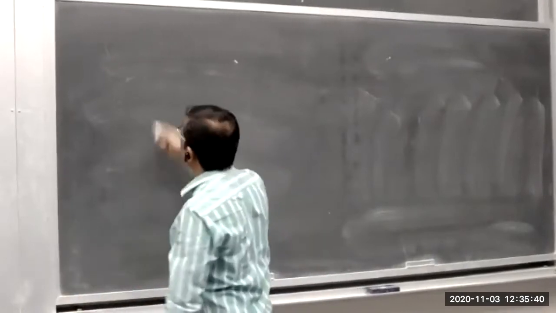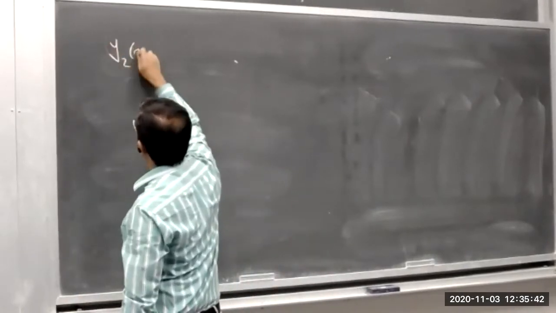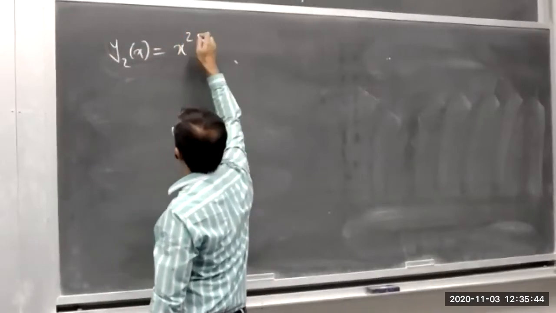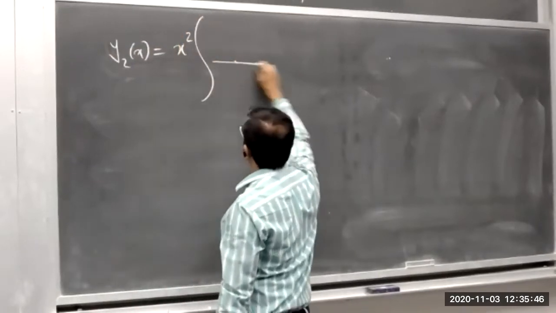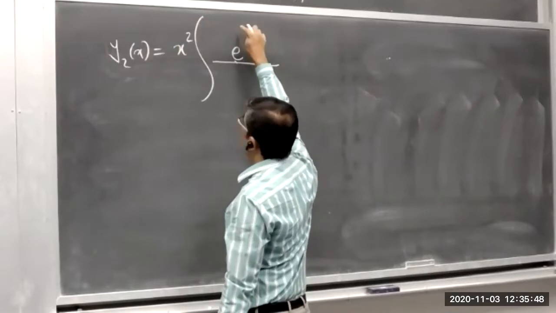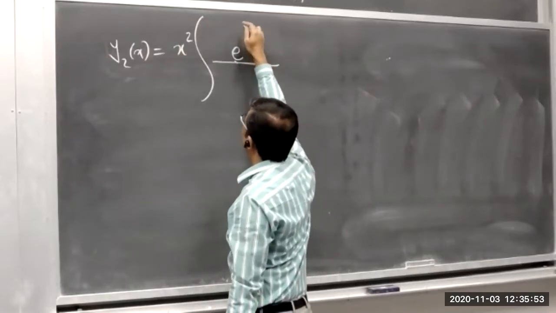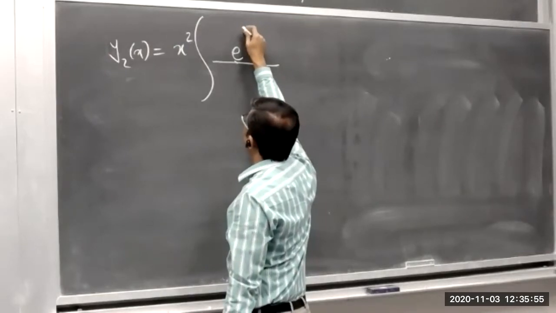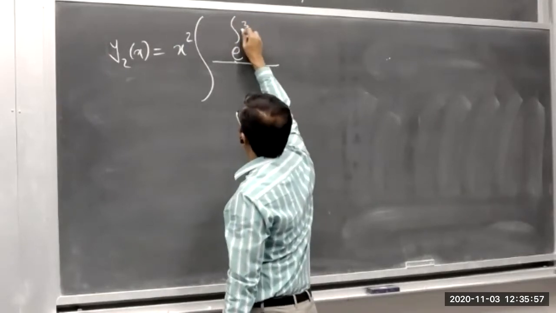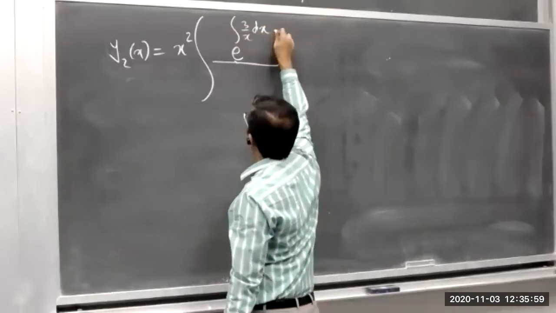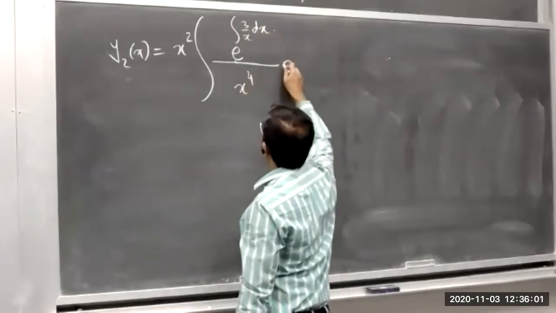So what was that thing? It is y2 of x is equal to x squared. This will remain outside. e raised to the power integral of 3 by x. e raised to the power integral of 3 by x is what? Here, integral of 3 by x dx divided by x to the power 4 dx. This comes here.